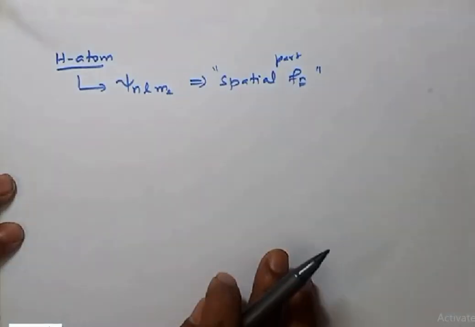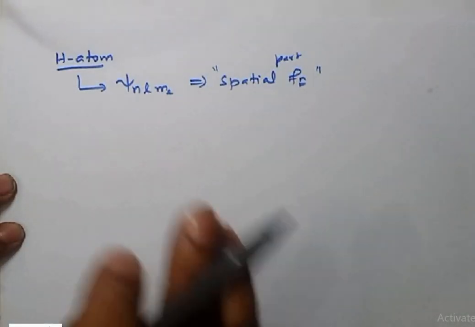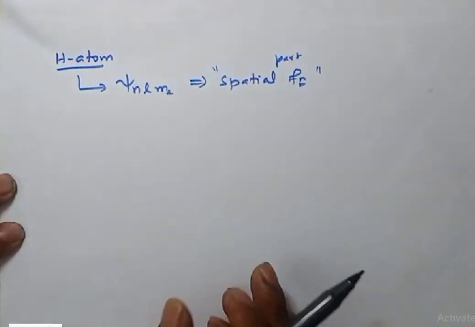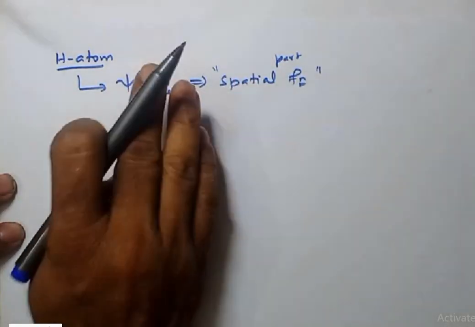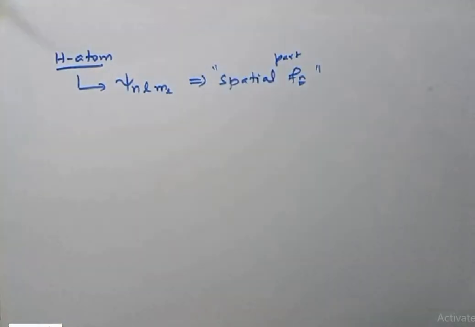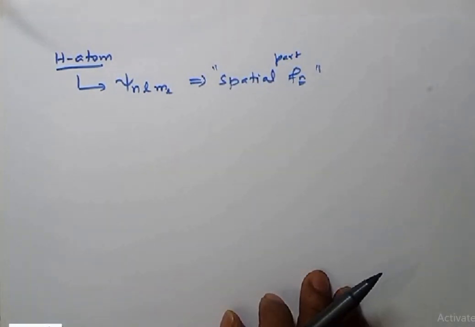If I include spin, then it is called the full wave function, or a spin orbital. Without spin, it is called the spatial part of the wave function. We'll discuss the spatial part, then we'll discuss the spin part later.